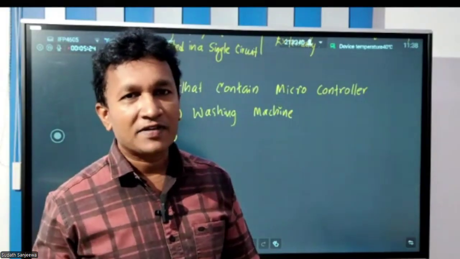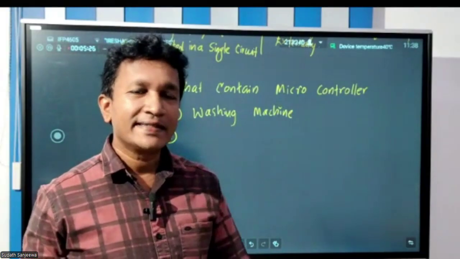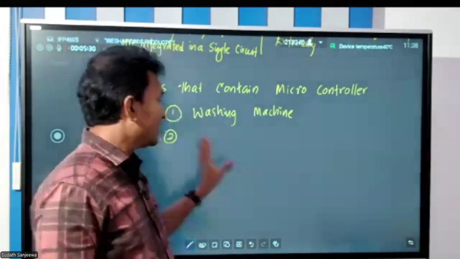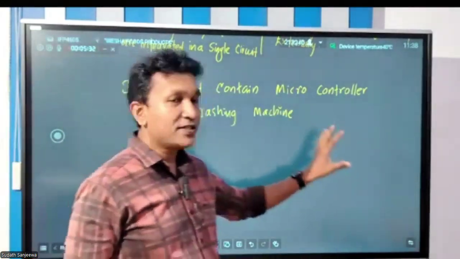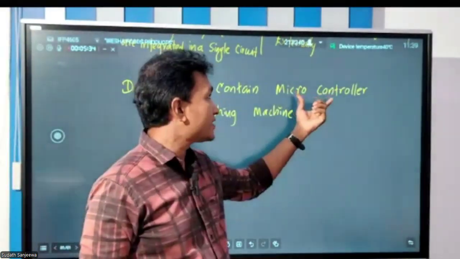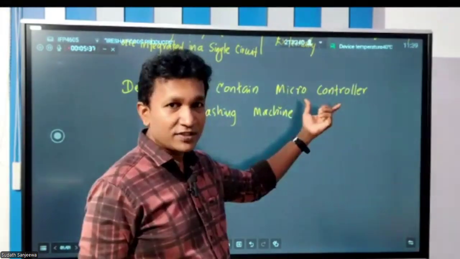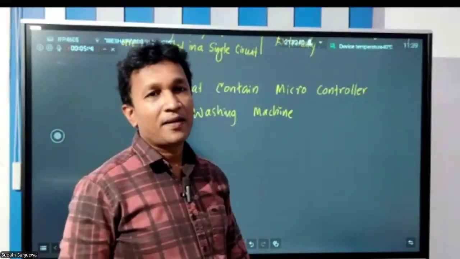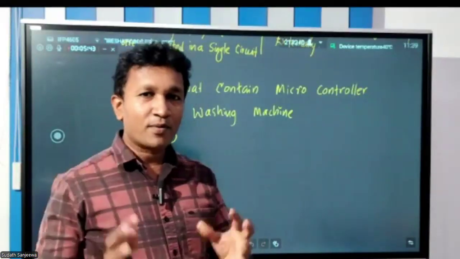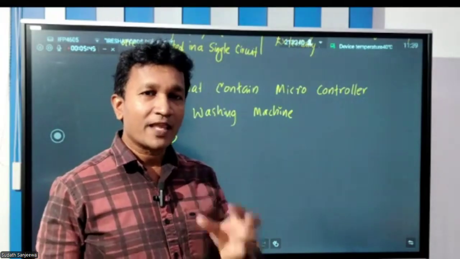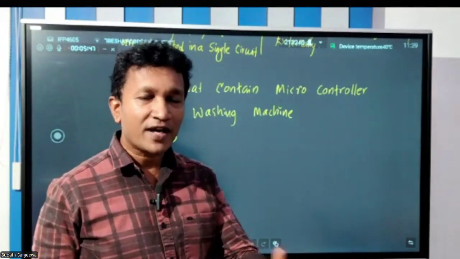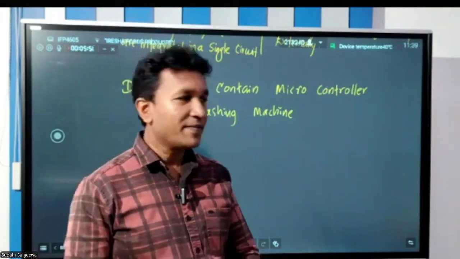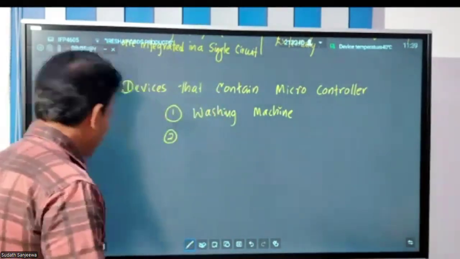And after some time, it will give us the washed clothes and dried clothes, right? So all those things are done using microcontrollers. There are programmed microcontrollers inside the washing machine. That means we get the output we need through the microcontroller, right? So that is the meaning of this microcontroller.